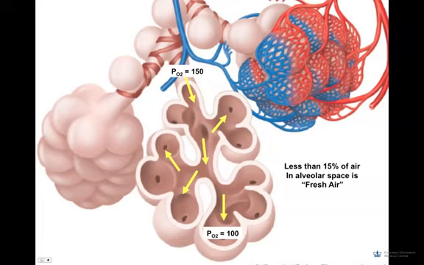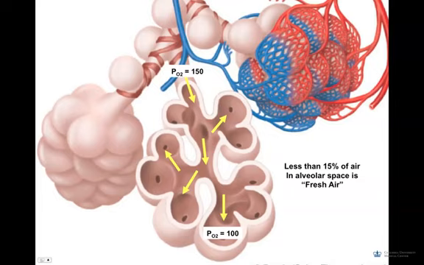So the PO2 of air that gets into our lungs went down to 150 millimeters of mercury. But once it distributes itself throughout the alveolar sacs, it actually dilutes again. It goes down to a PO2 of 100.